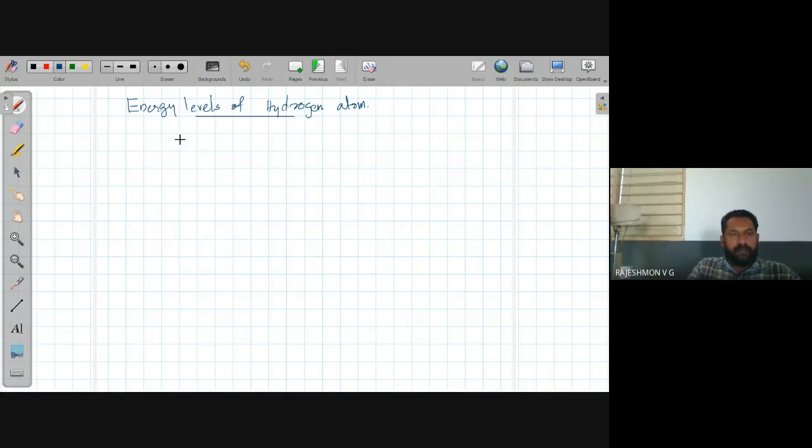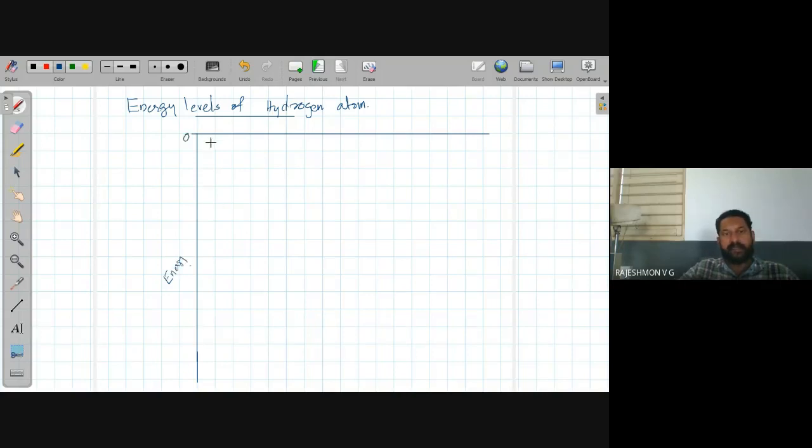So, if you draw a graph something like this, 1, 2, 3, 4, 5, 6, 7, 8, 9, 10, 11, 12, 13, right? So if you draw a graph like this, this is 0 and downward direction is negative. In this axis you have energy.